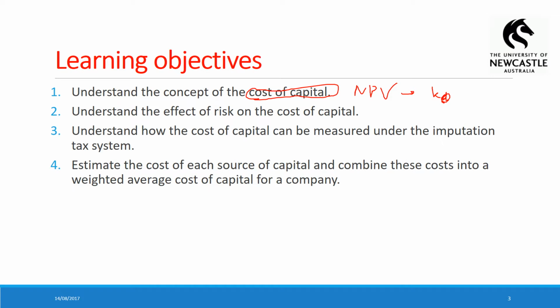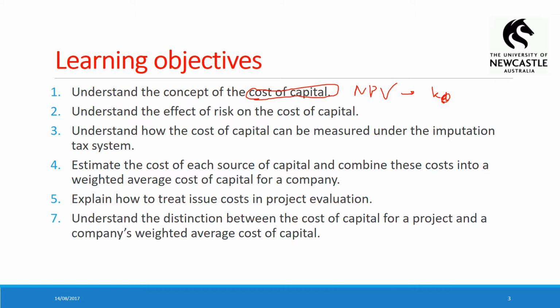We then do an exercise where we combine all the different sources of capital to measure the overall, or the weighted average, cost of capital. We then look at a case where the project's risk is different from the firm's risk, and therefore we need to somehow adjust for the project's riskiness in our calculation. So we have to understand the difference between the overall cost of capital and the project's cost of capital.